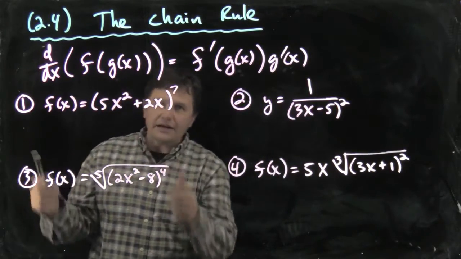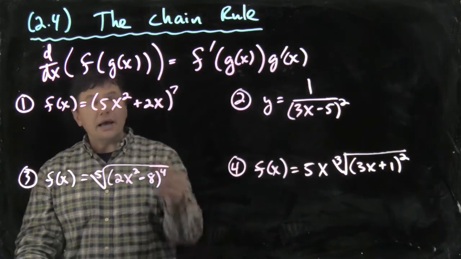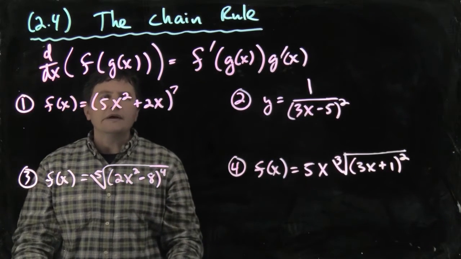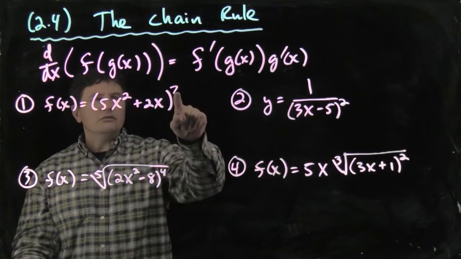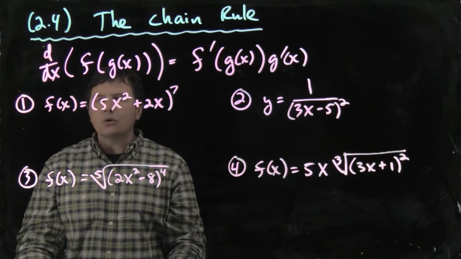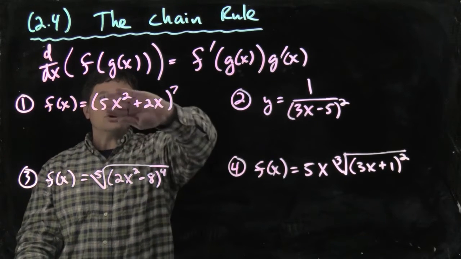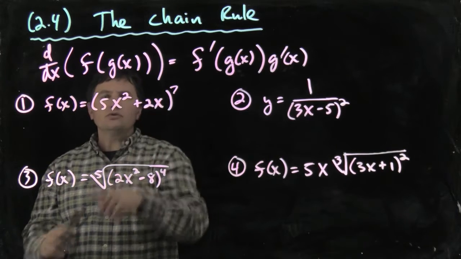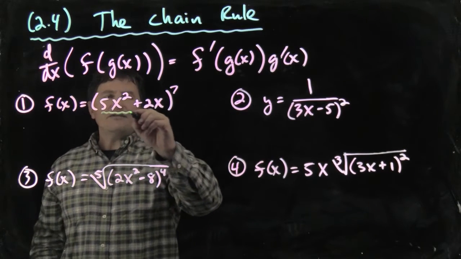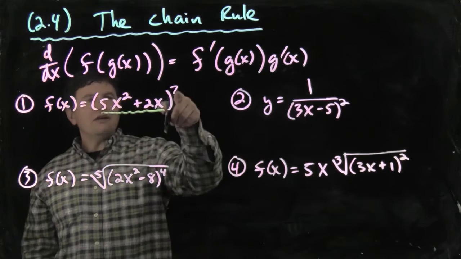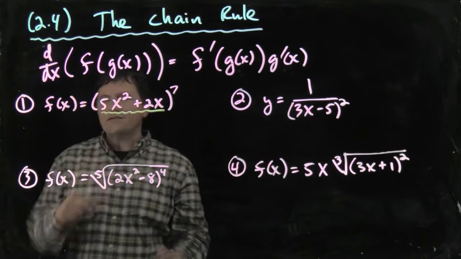Now, technically I could do this problem by multiplying this all out and then using power rule to the 7th power. That would be quite annoying. So we definitely want to leave it in this composite function. So we have the inner function, which is the 5x squared plus 2x, and then I have the outer function, which is to the 7th power.